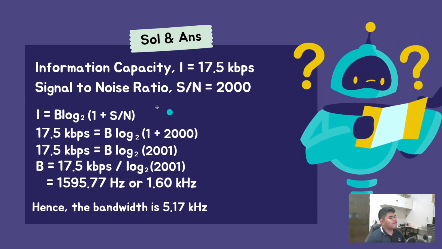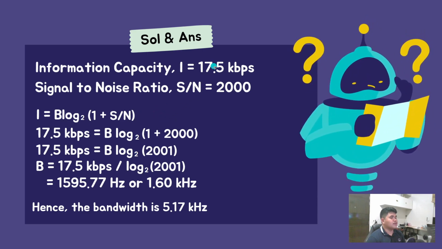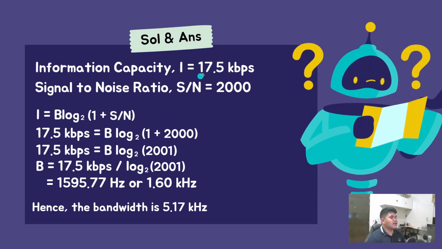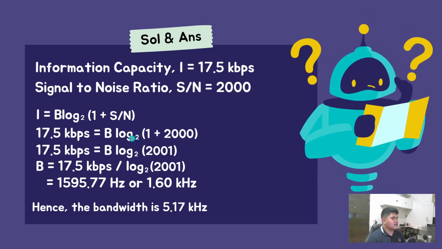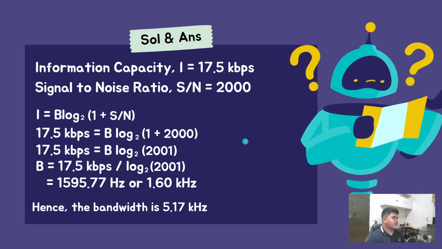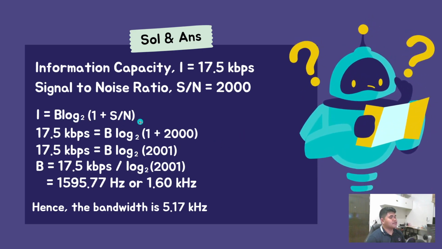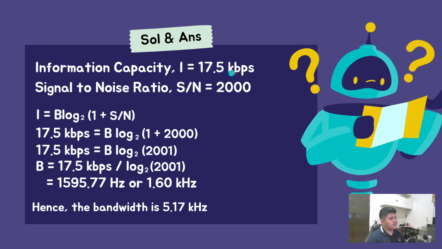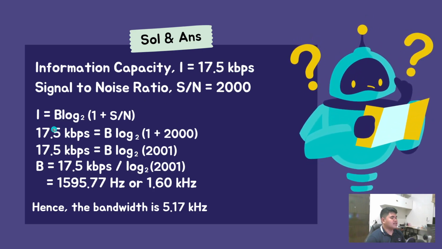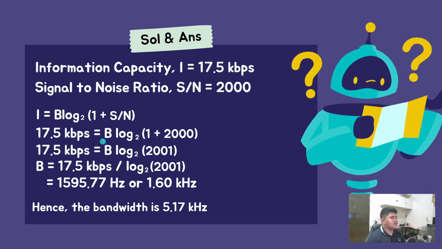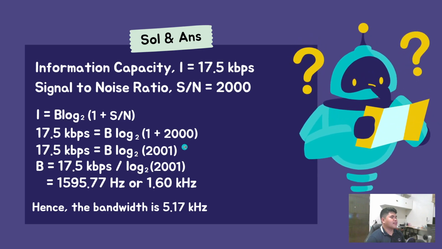Then, we have to use the formula according to Shannon and then place the values according to the letter it represents. So for example, I equals B log 2 of 1 plus S over N. So we replace I with 17.5 kilobits per second and we replace S over N with 2000.